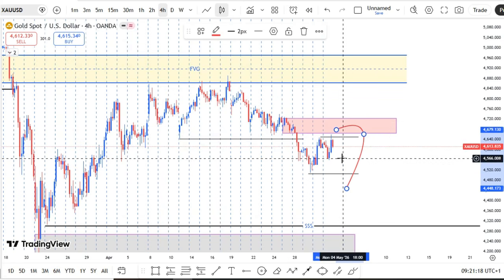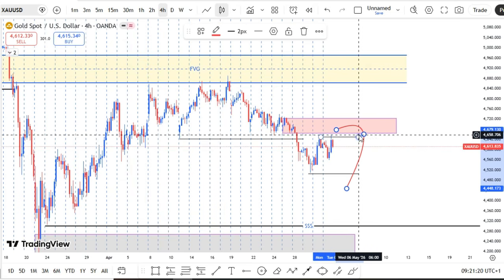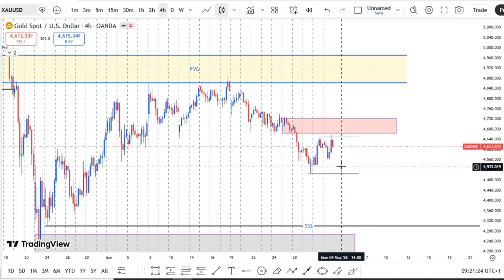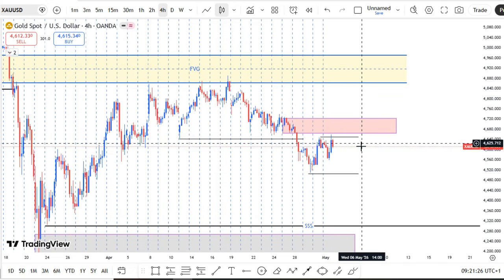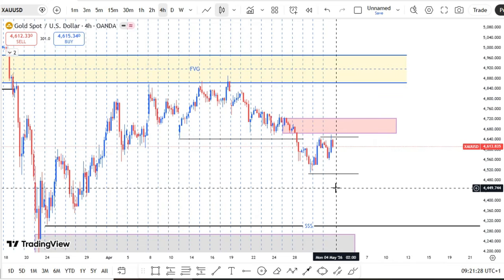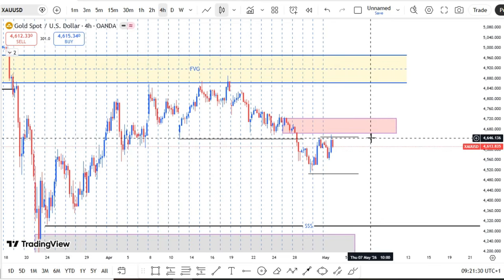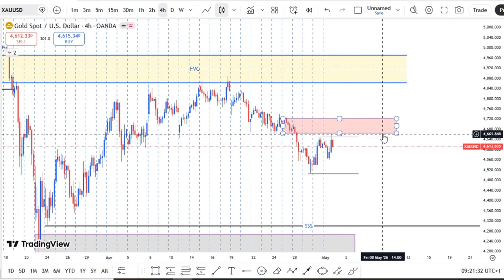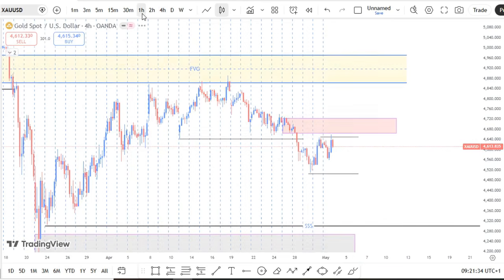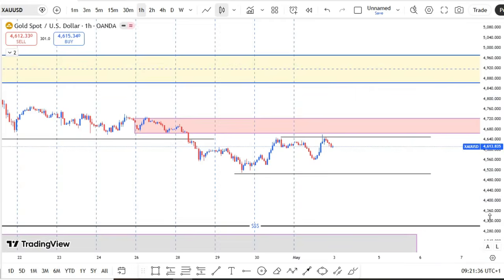What can happen is price might continue just dropping, given that it has taken the previous high. You might see price just continue dropping. Then you just have to look for confirmations, and that will be it, because it is also reacting from a fair value gap zone from the 1-hour time frame.